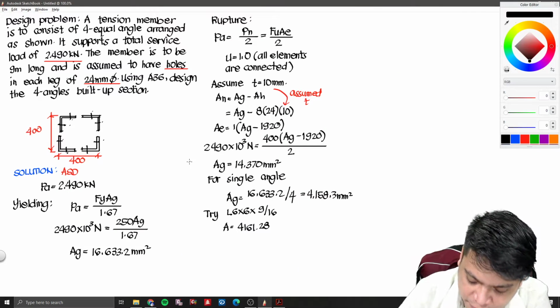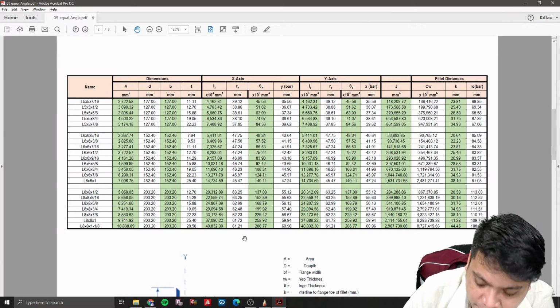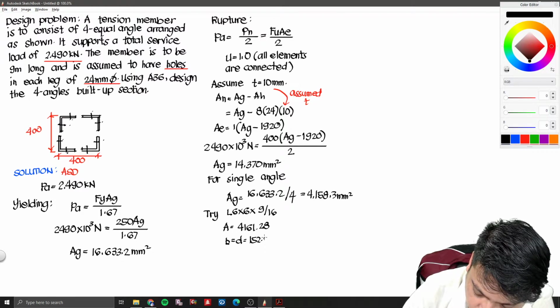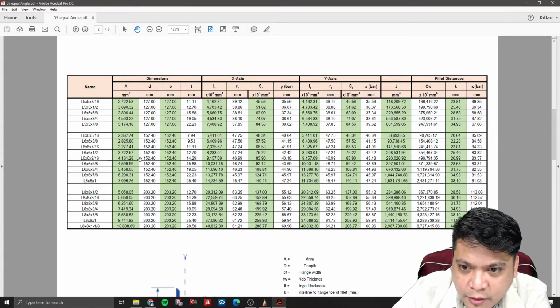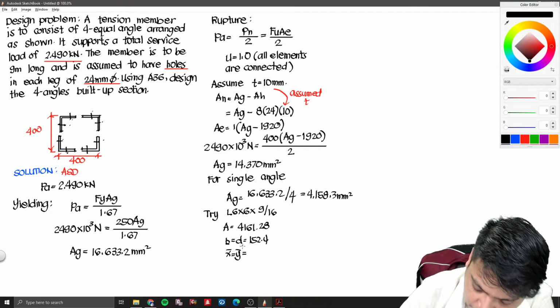So, the leg is 152.4. Also, the bar X, its distance, is 43.18. So, that is 43.18.